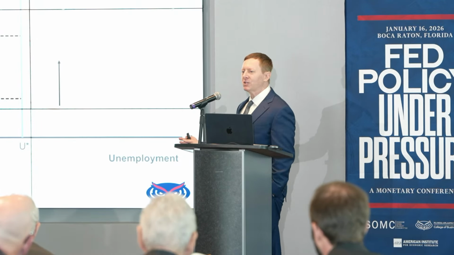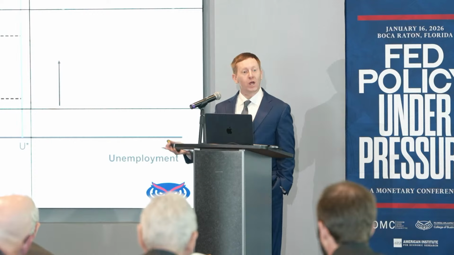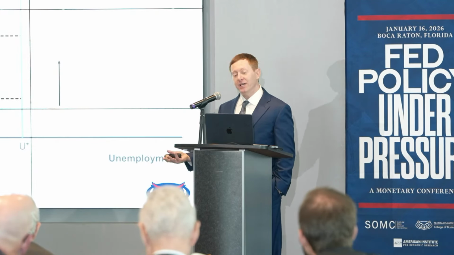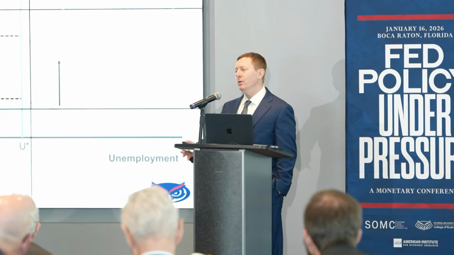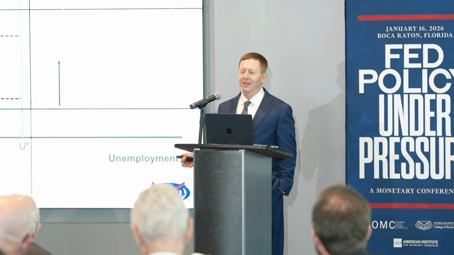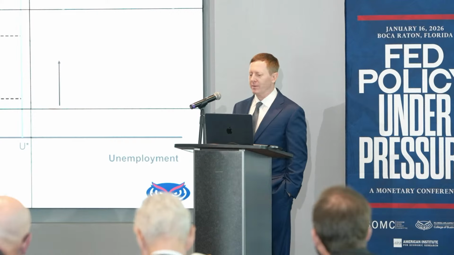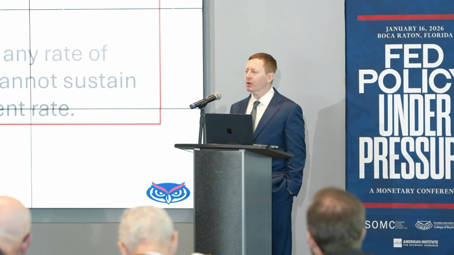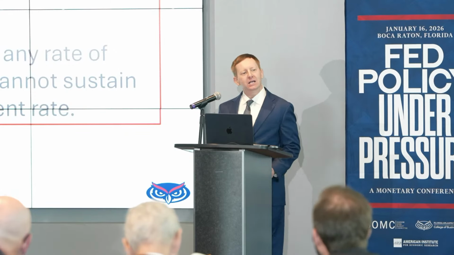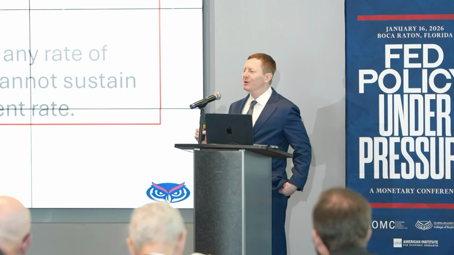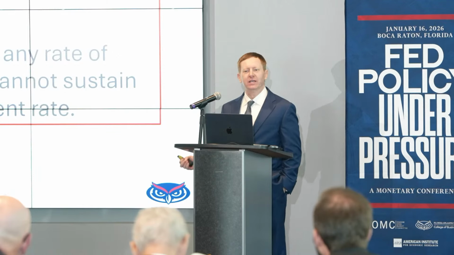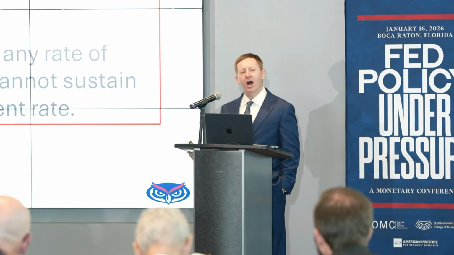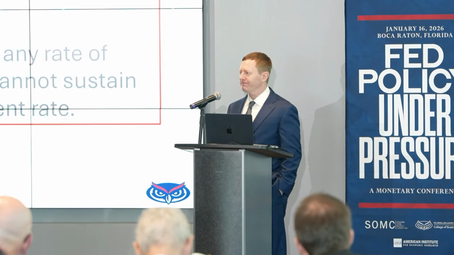If the central bank tries to deliver lower unemployment by raising inflation, the public will just adjust their inflation expectations, and we will end up with higher inflation and no lower unemployment. So here's the key takeaway from that modern Phillips curve view. A central bank can deliver any rate of inflation it desires, but it cannot sustain an unnatural unemployment rate.